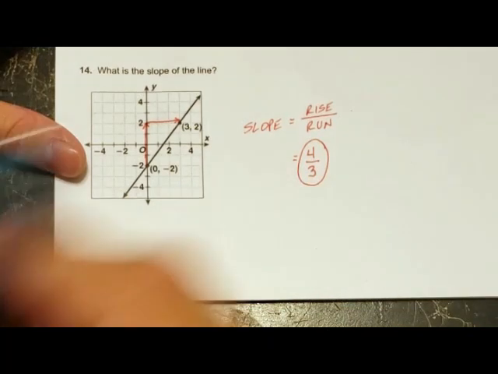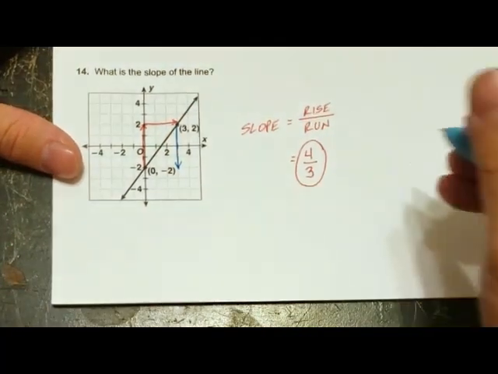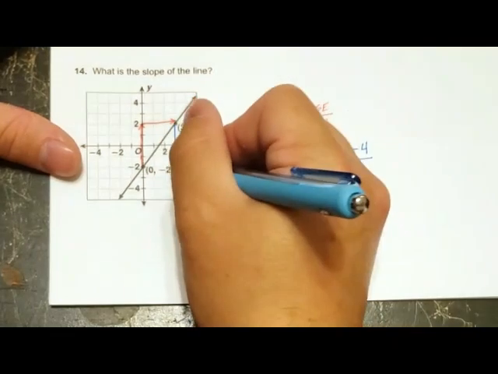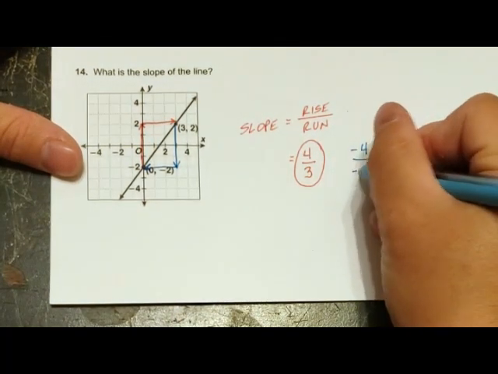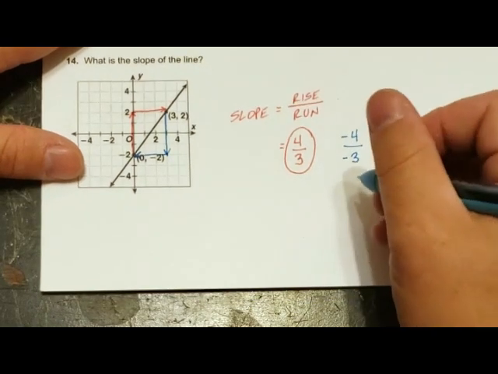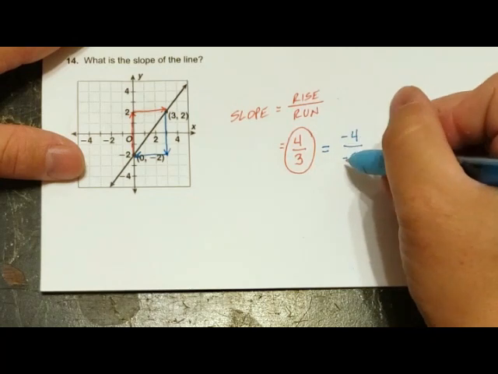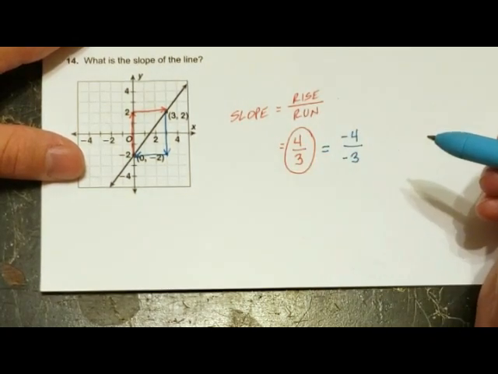Let's say we did this backwards and we went down 4. Down 4 would be -4. And then to the left 3. To the left 3 would be a -3. Well, -4 divided by -3 is the same thing because a negative divided by a negative is a positive, so it would be a positive 4/3.